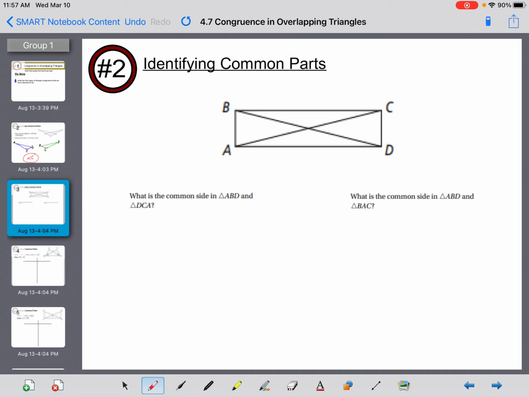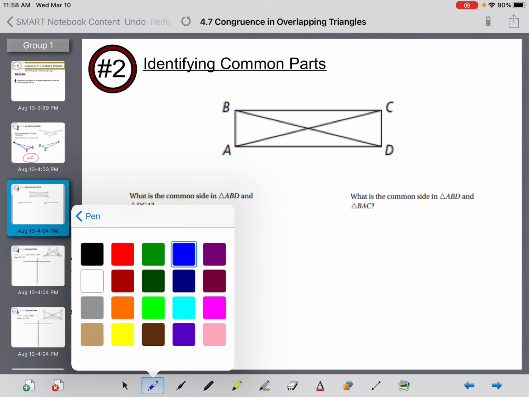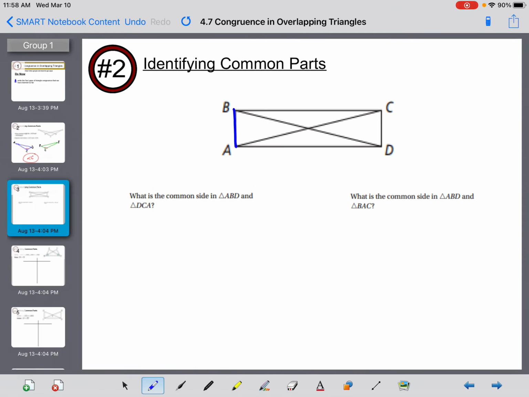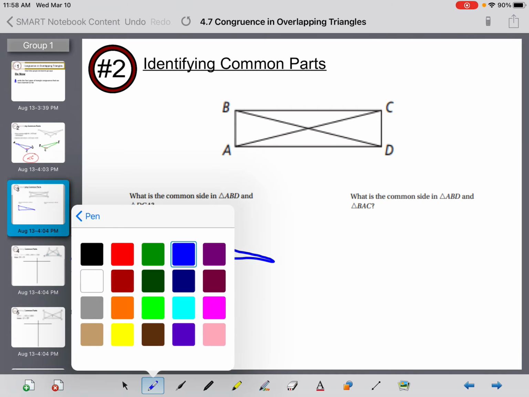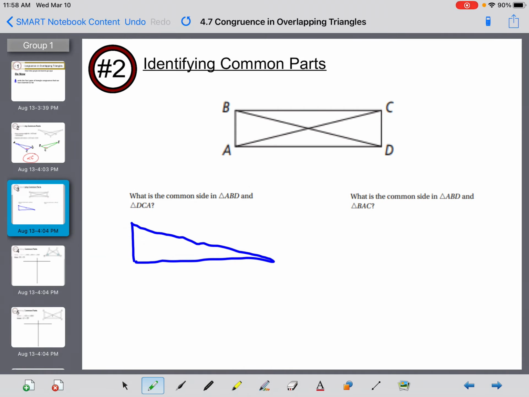Okay. Now, identifying common parts. It says, what is the common side in ABD and DCA? Well, here is ABD. And then we have DCA.